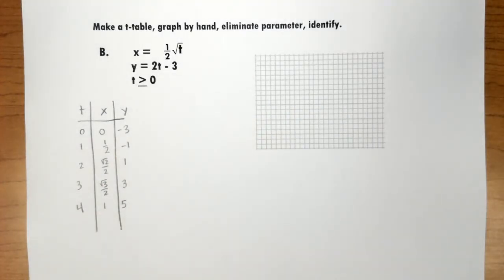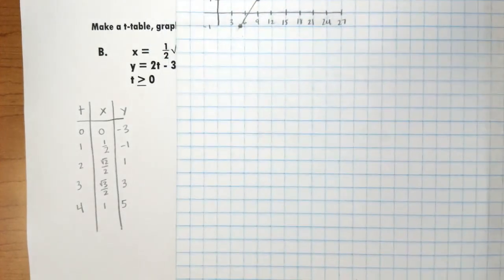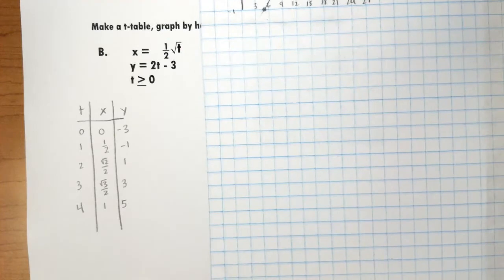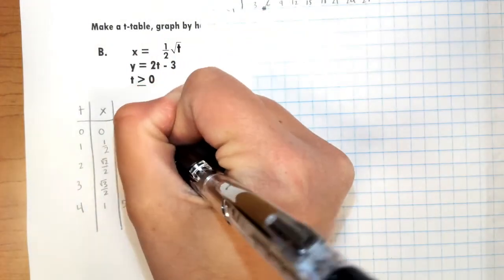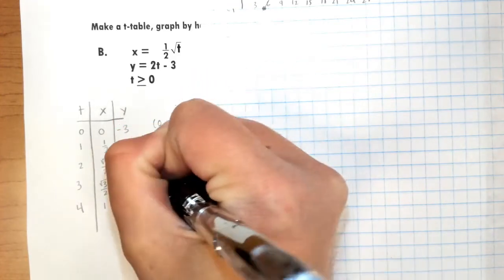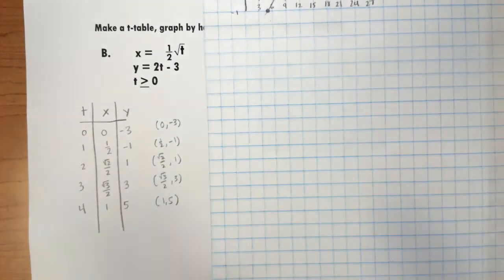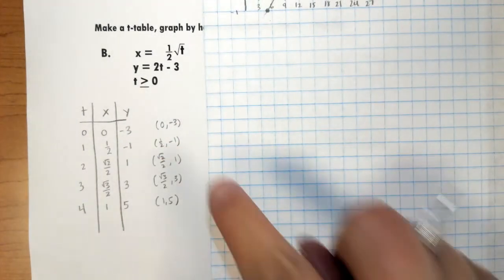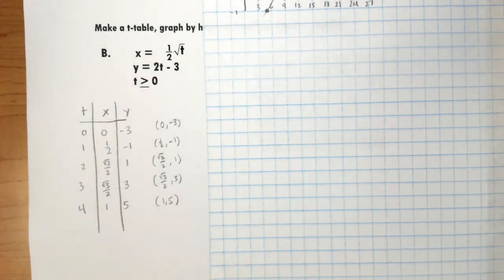Okay, so let's graph this, and then we'll identify the graph. So I'm going to use the same paper, just a different place. Now, we want to make sure we're plotting the points 0, -3, 1/2, -1, root 2 over 2, 1, root 3 over 2, 3, and 1, 5. So I want to make sure that I fit those values on my graph.